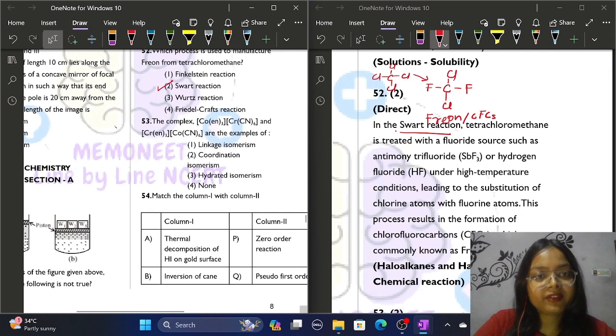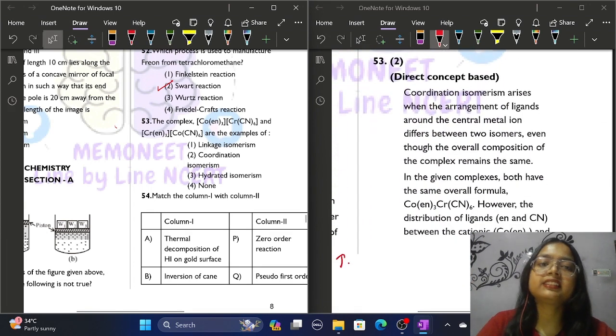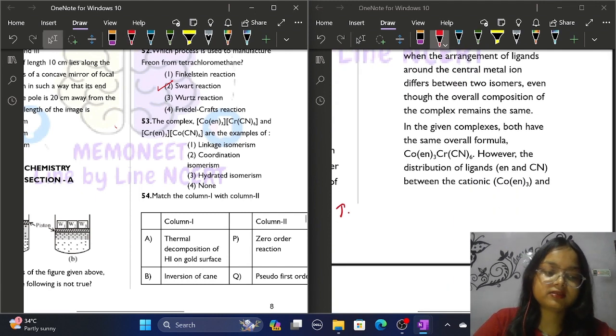In question number 53, the complexes [Co(en)3][Cr(CN)6] and [Cr(en)3][Co(CN)6] are examples of what? It is a direct concept-based question.